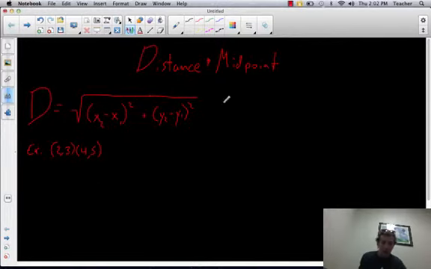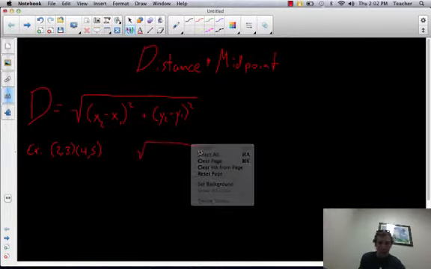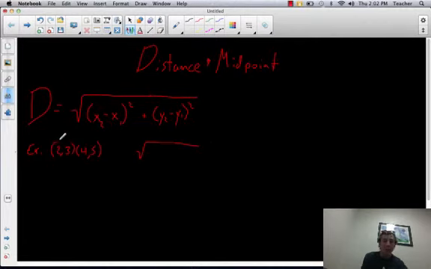Now, here's where everything on this formula should begin to make sense. Remember how when we have coordinates, they're always set up x, y. Now, the one on your left, (2, 3), let's call this coordinate number 1. And let's call this coordinate number 2.